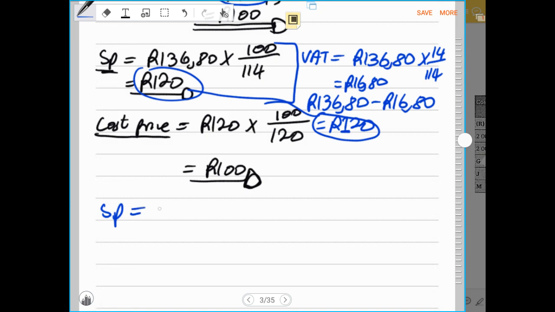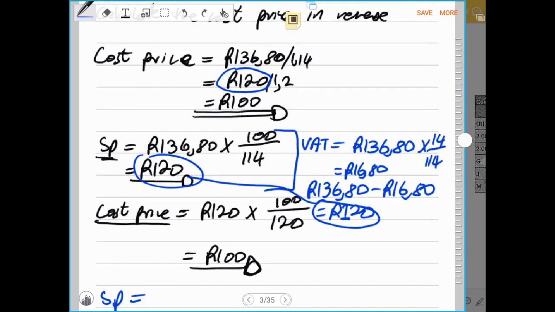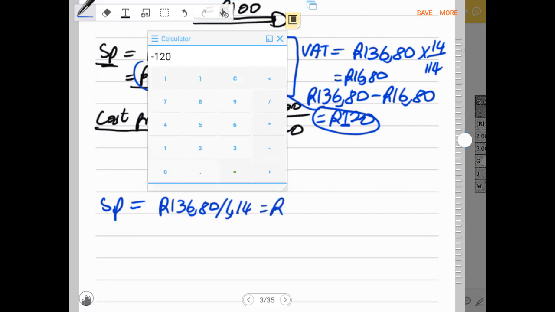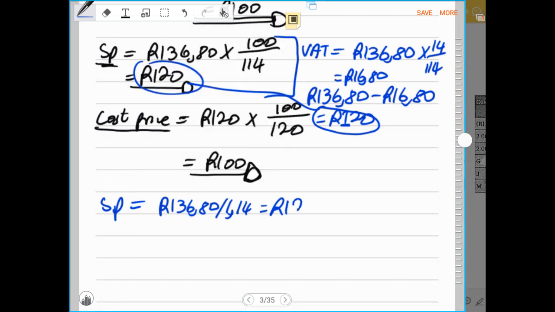You could have said selling price is equal to 136.80 divided by 1.14, and this will give you straight the same 120 rand.